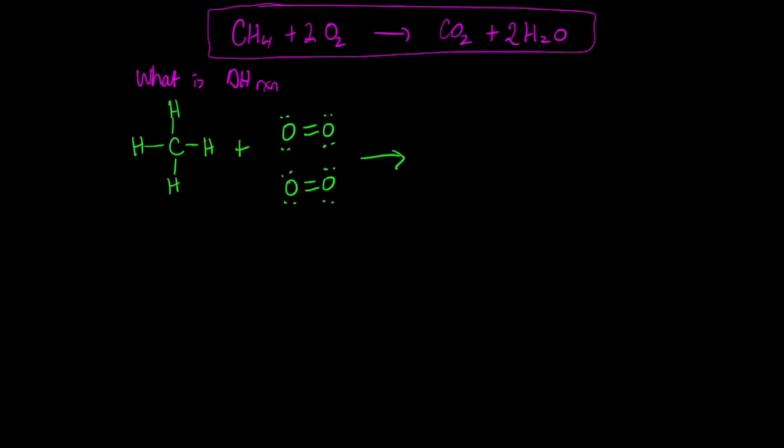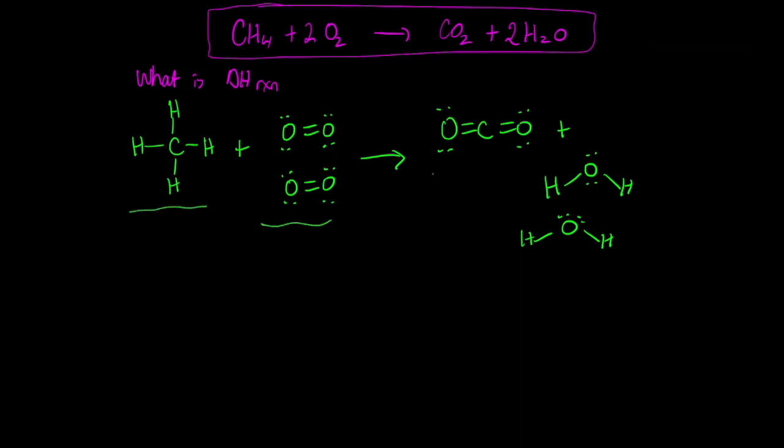And so we have to draw those in there. And we have 2 water molecules, don't we? 2 water molecules means 2 of those pictures. All right, so we've got 1 CH4, 2 oxygens, 1 carbon dioxide, and 2 waters. So that right there is correctly set up.